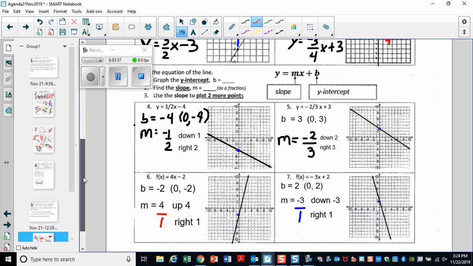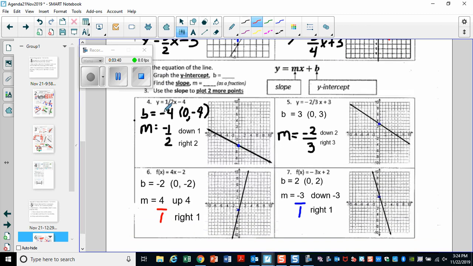And for these problems, again, determine your starting point, which is the y-intercept. So our y-intercept is -4. So we start at the point 0, -4, and then we follow the trend. In this case, we just go down 1, go to the right 2.